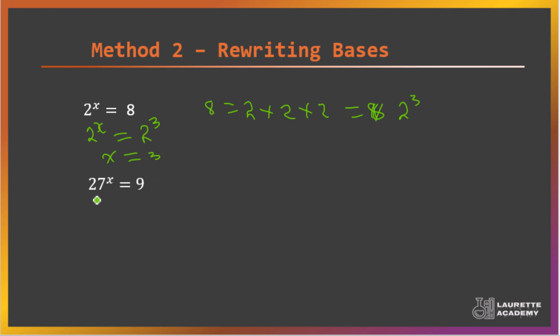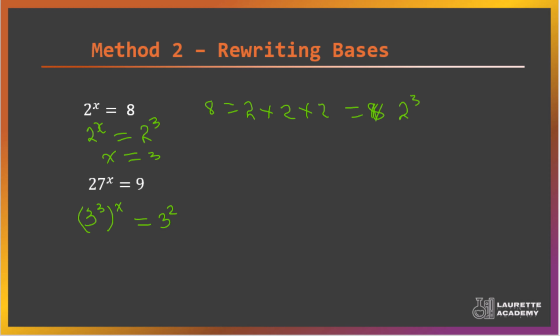Similarly here, we can see 27 and 9 have something in common. 27 and 9 are both powers of 3. So we can write 3 cubed, because 27 is 3 cubed, raised to the power x is equal to 3 squared.